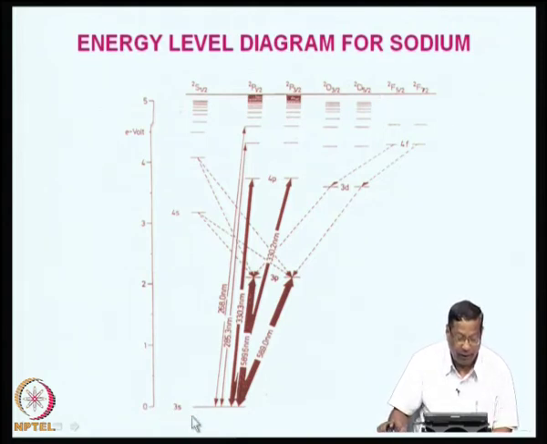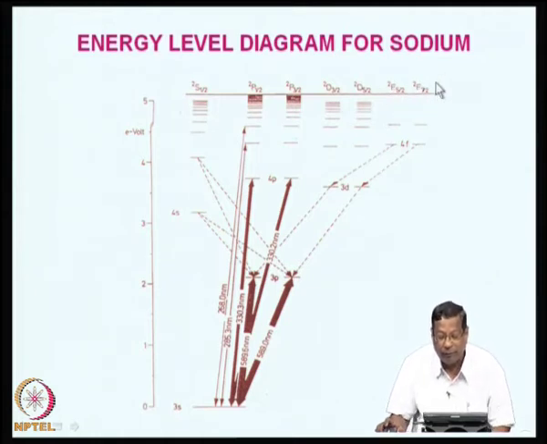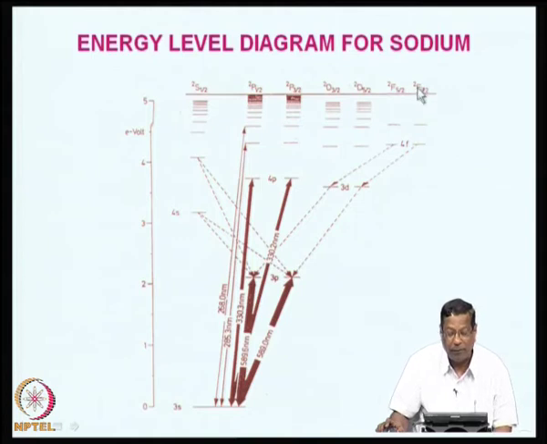I have here the 3s energy state at the bottom, and then the 2s 1/2, that is the excited state, 2p 1/2, 2p 3/2, 2d 3/2, 2d 5/2, 2f 5/2, 2f 7/2. So, here are 3s, 4s, 5s etcetera.